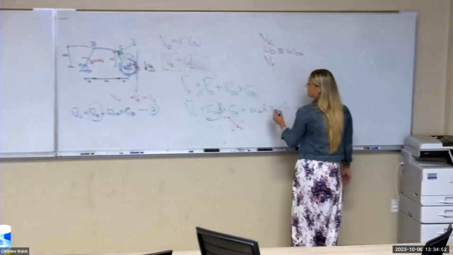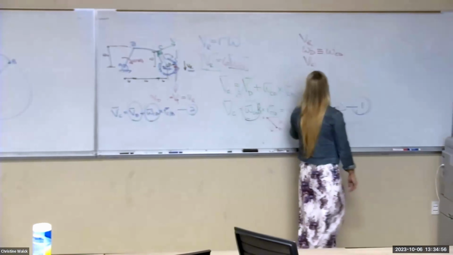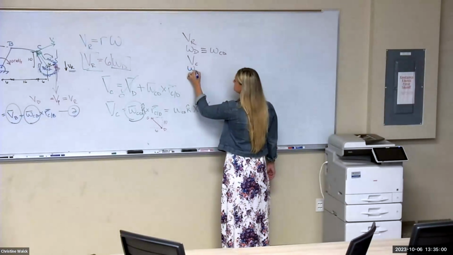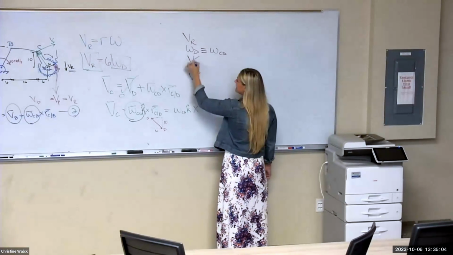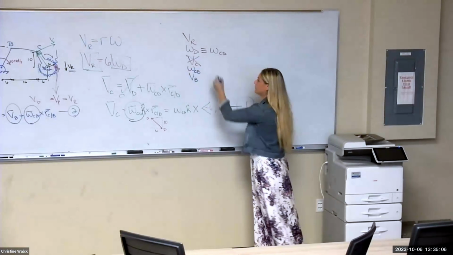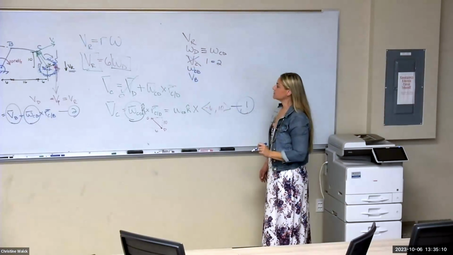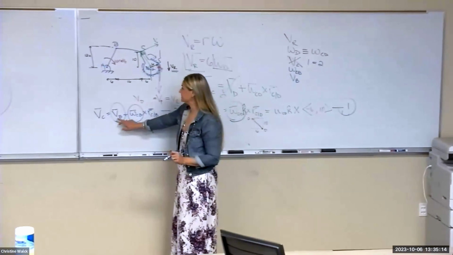So now we have omega CB as an unknown. So we have to write that up here. So we have omega CB and VB. This guy kind of goes away because we can set equation 1 equal to 2. Okay, so in order to do that, I need to find VB.